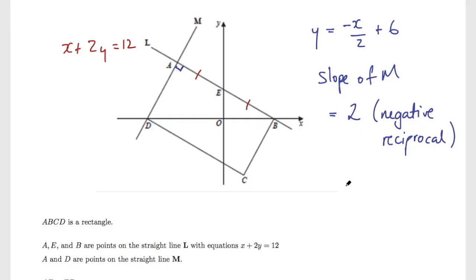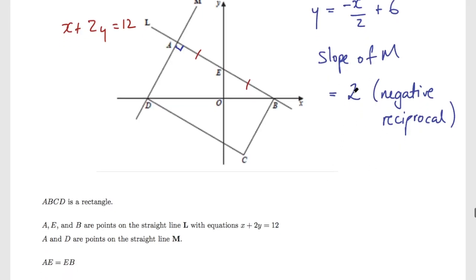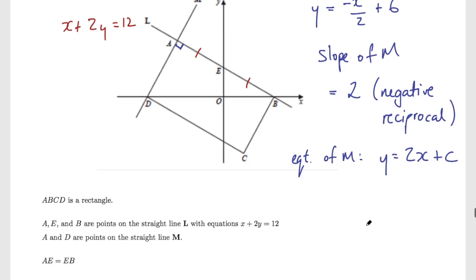So we know the slope of M. So the equation of M is going to be, so far, y equals 2x plus c. Now we don't know what the y-intercept is yet, but we know some of that equation, y equals 2x plus c.